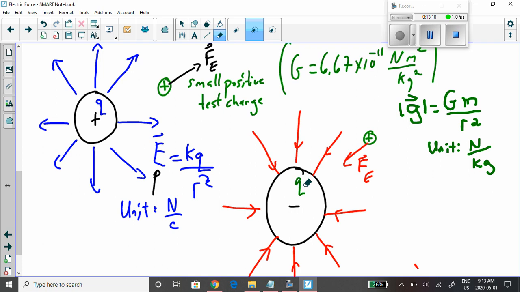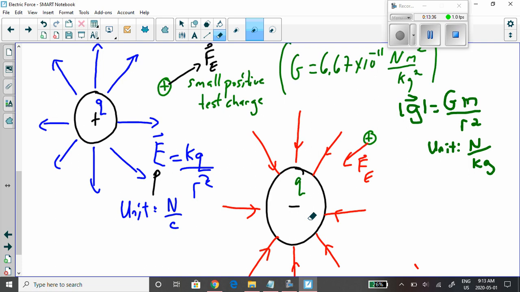Therefore, by definition, the electric field around a negatively charged particle is always pointing towards the negatively charged particle. So what am I saying here? I'm saying these directions here, positively charged particle, the electric field points away. Negatively charged particle, the electric field points towards.